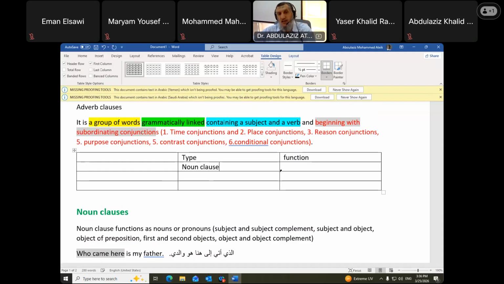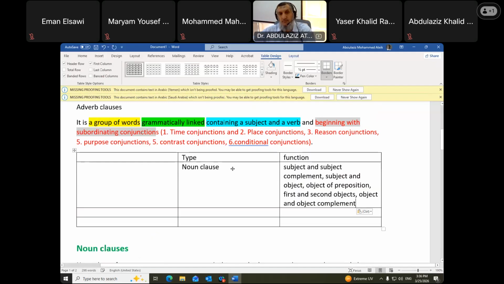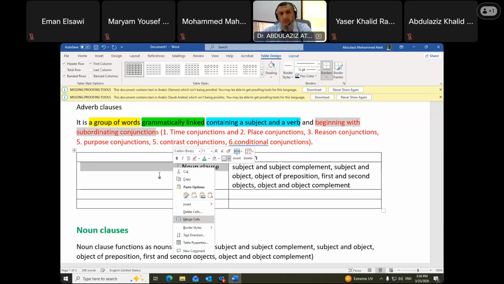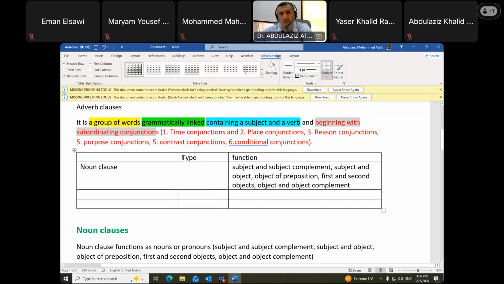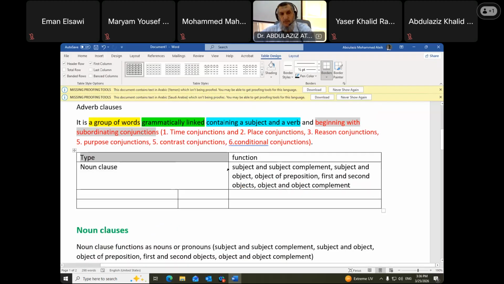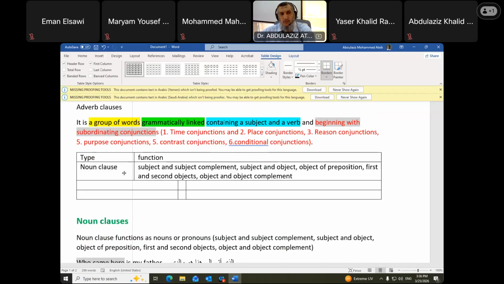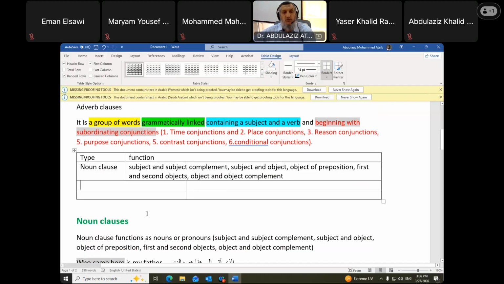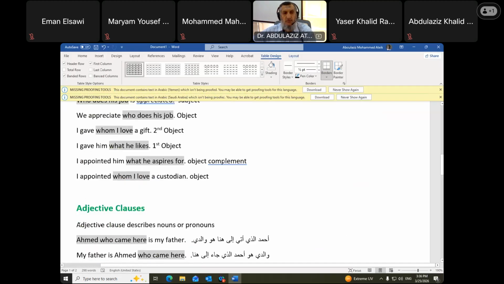Noun clause, the function, all this. When you come to adjective clause, this is the type.